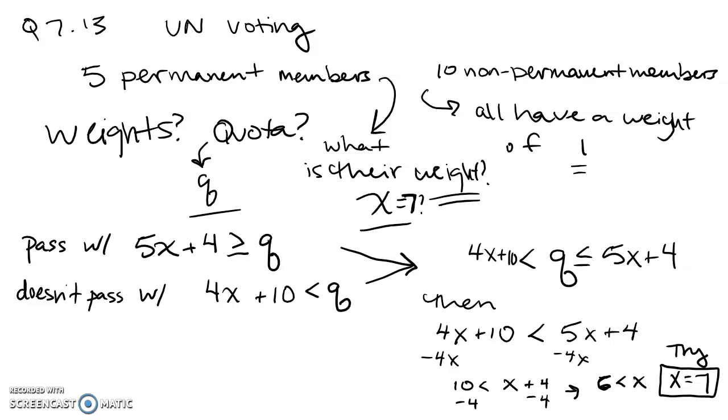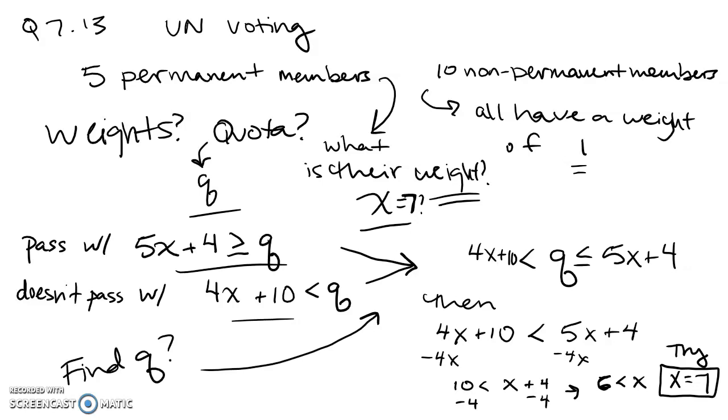What you guys are now going to try is to see, with that in mind, whether you can find Q. You can probably still use the ideas up there. If x is 7, can you figure out a suitable quota Q that would work for this to be a weighted voting system?